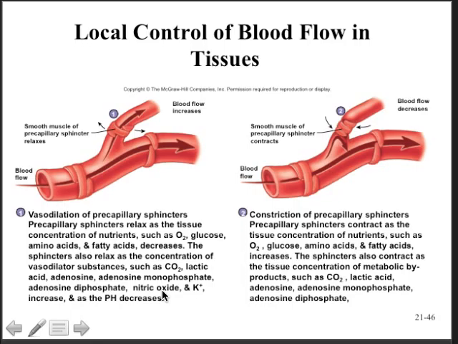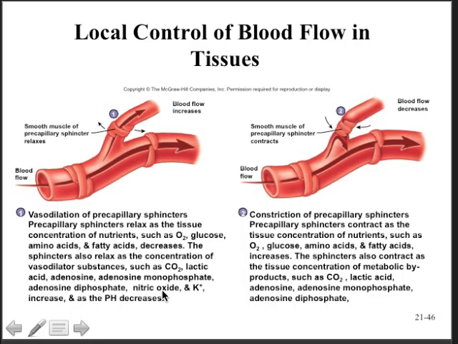If you're accumulating too many waste products, we have to perfuse the tissue in order to wash them away. If you have a dearth of fuel and oxygen, we need to bring more blood into the area in order to supply the tissues with the nutrients and the oxygen they need. And so it's not a surprise that those are factors that tend to make the blood vessels open up.